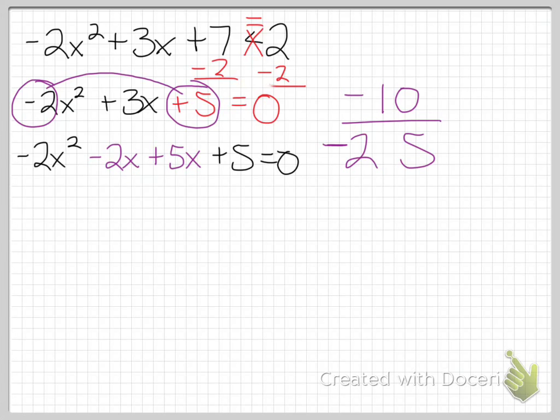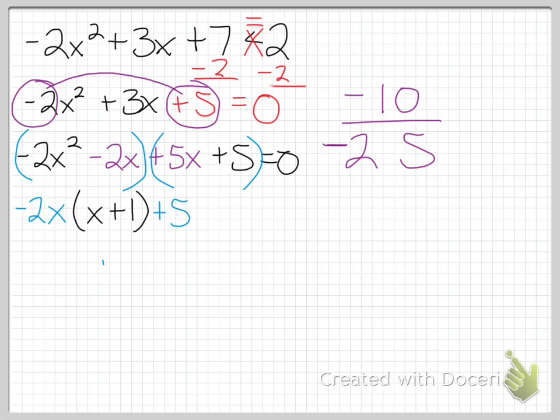So if I group a negative 2x squared and a minus 2x, between those I could factor out a negative 2x, and that would leave me with an x plus 1 left over. And then if I group together the plus 5x plus 5, I could factor out a plus 5 from both of those, leaving me with, again, x plus 1.